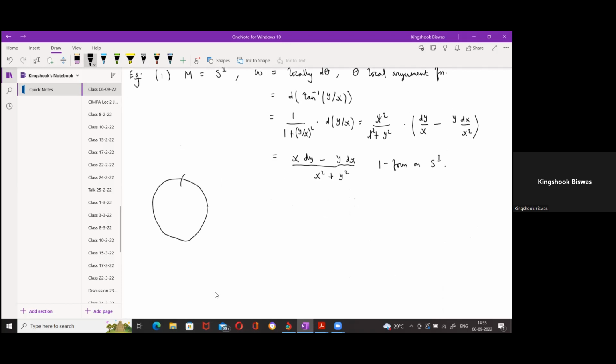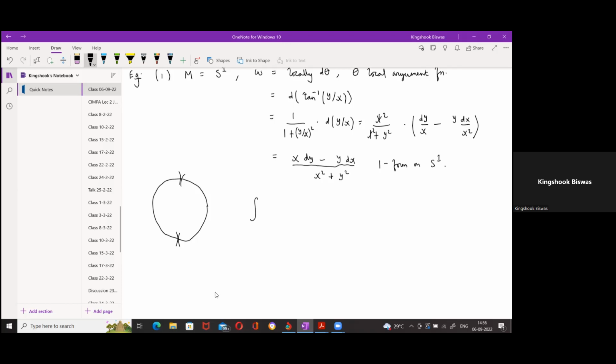So here I can take a branch of argument which goes from minus pi by 2 to plus pi by 2, and here it goes from plus pi by 2 to 3 pi by 2, right? When I integrate the form here, this will be the integral of d theta, which is just the change in theta. So that is pi. And then when I integrate here, I'll get another pi.